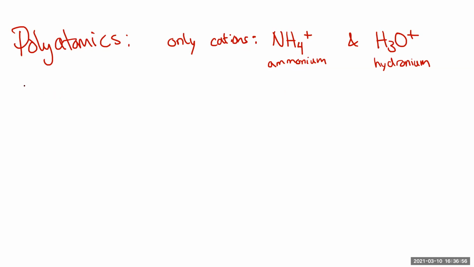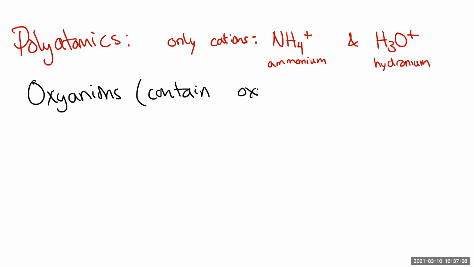There are, in general, a whole bunch of families of anions. There are what we call the oxyanions because they contain oxygen. And thankfully, these occur in families. So you've got the nitrogen family, NO3 minus, which is going to be your nitrate.